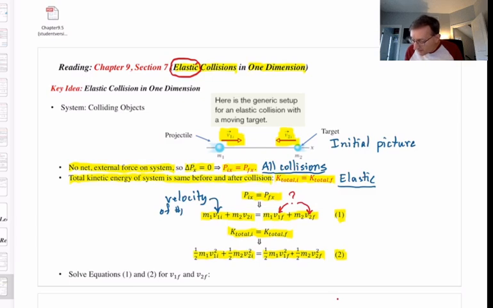So we're considering these two equations as having two unknowns: the velocity of particle 1 after the collision, that's what V1 final means, and the velocity of particle 2 after the collision, V2 final. So, with two equations and two unknowns, algebraically, we should be able to solve. So we would solve equations 1 and 2 for V1 final and V2 final.